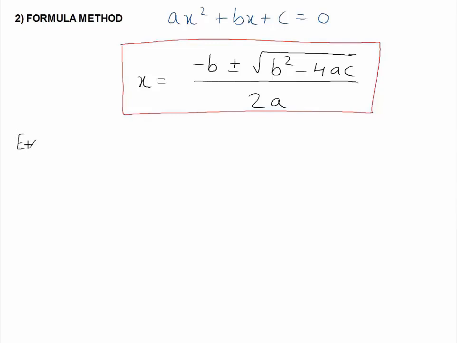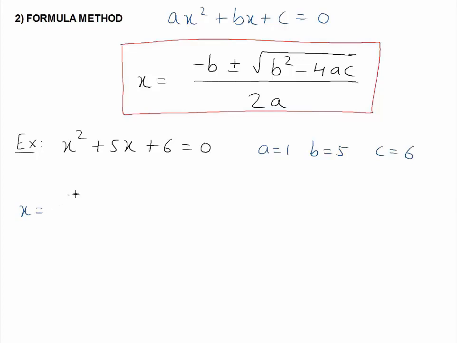So first example was x square plus 5x plus 6 equals 0. So first we need to identify a, b and c. So a equals 1, b equals 5, c equals 6. Now we can just use the formula.